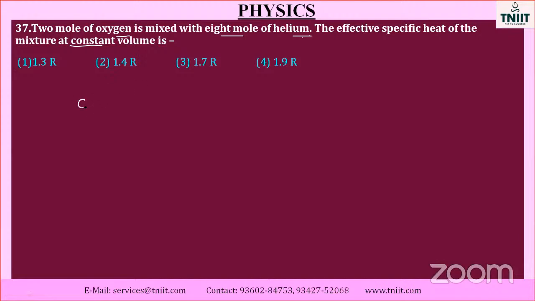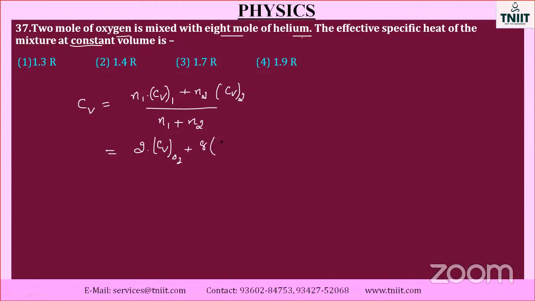You know that the effective specific heat at constant volume is, you can use the formula N1 times the specific heat at constant volume in the first case plus N2 into CV of the second case divided by the number of moles, that is N1 plus N2, which is equal to N1 is 2 moles and specific heat at constant volume, this is for oxygen, and N2 is 8, and this is the specific heat at constant volume for helium, divided by 2 plus 8.